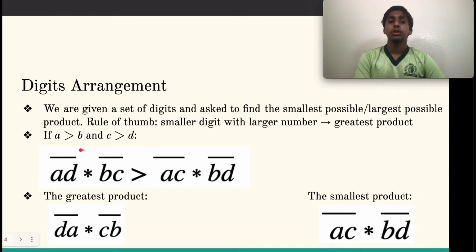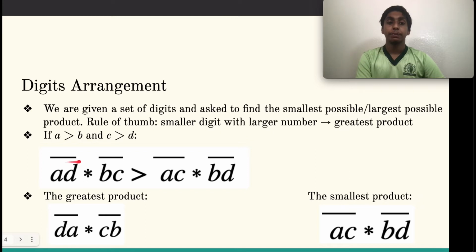Our first rule is: if A is greater than B and C is greater than D, then AD times BC is going to be greater than AC times BD. You want to be really familiar with these two parts of the inequality, because we're going to be using this to find the smallest and largest product. The line over the top, in decimals, generally means a repeating number.